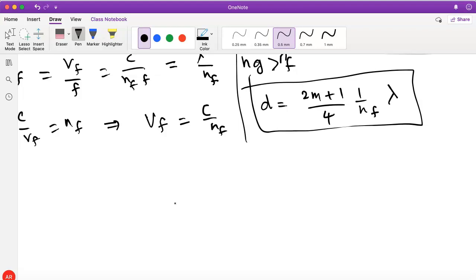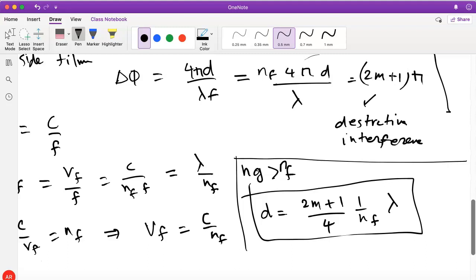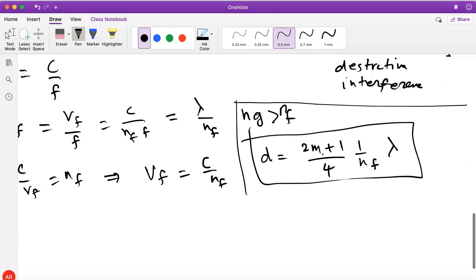Okay, so m can be any integer, but physically, of course, it doesn't make sense for d to be a negative number, right? It's a length. So mathematically, even though any odd multiple of pi corresponds to the waves being out of phase, that wouldn't make sense.